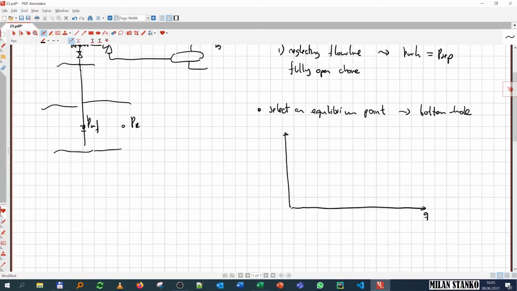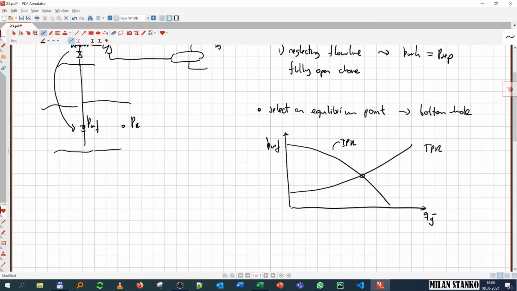So we want to have the available pressure, which is going to be calculated from the reservoir all the way to the bottom hole, which is going to be our IPR. This is our IPR. And then we are going to calculate from the wellhead all the way down to the bottom hole, and this is going to be our TPR. And this intersection is going to give us the equilibrium rate of the system when I put them together.